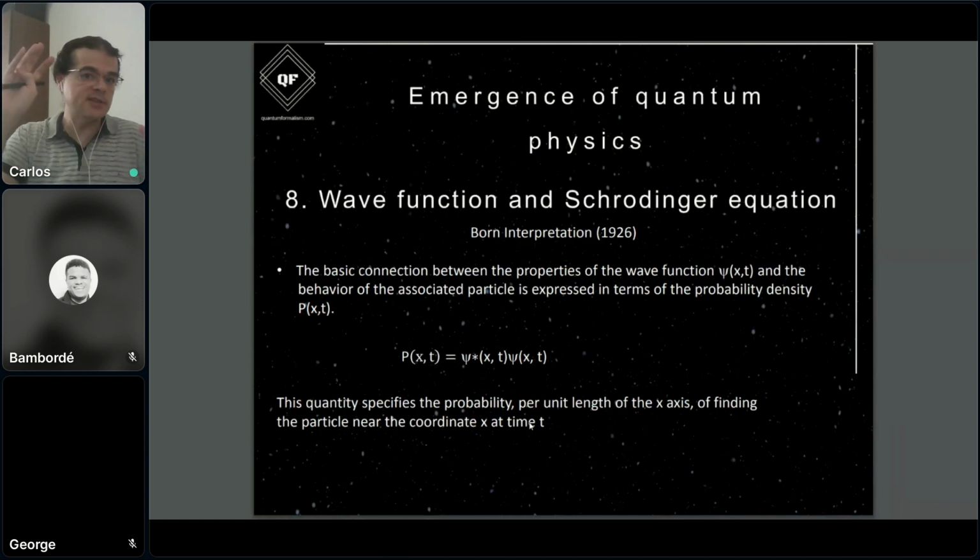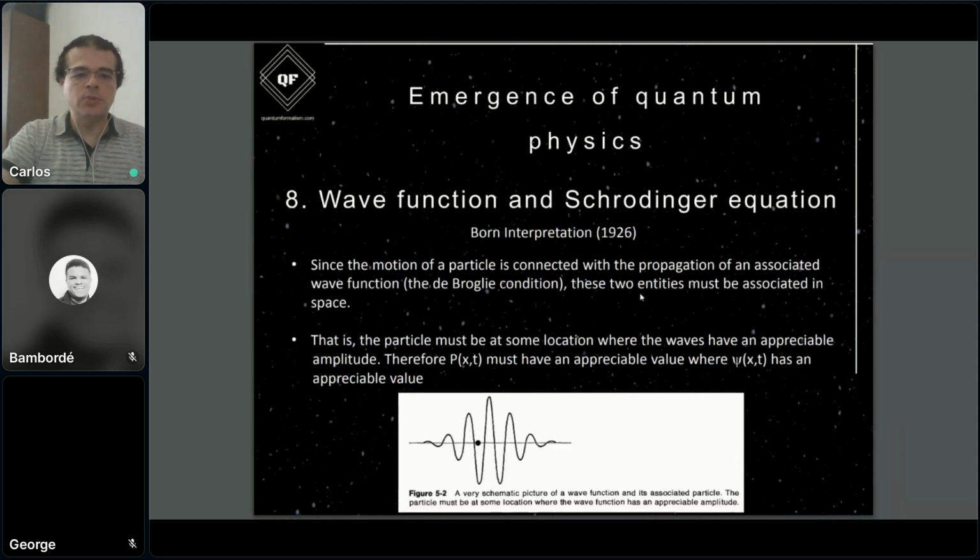The ideas necessary to conclude that we need a quantity like psi that is complex, and to understand things like the Hilbert space, came before all these ideas, in the early 20th century.